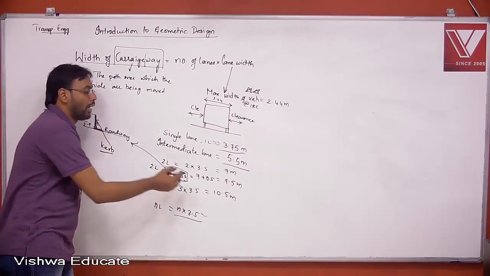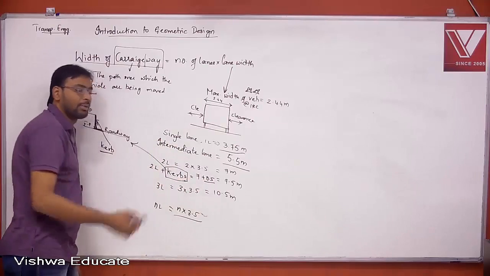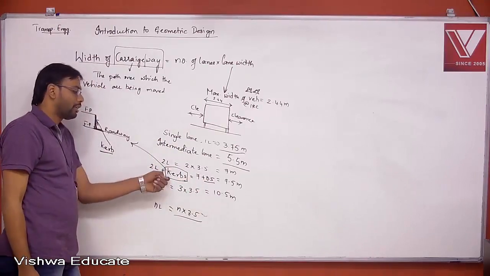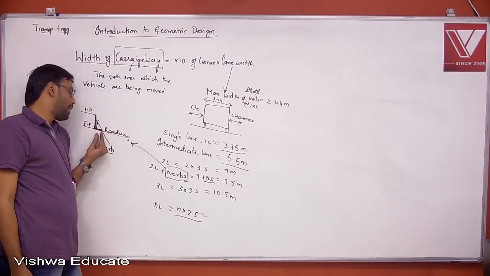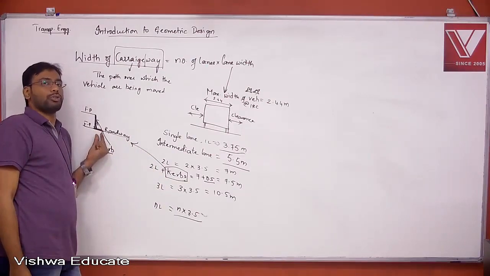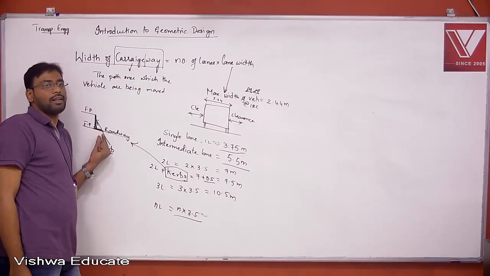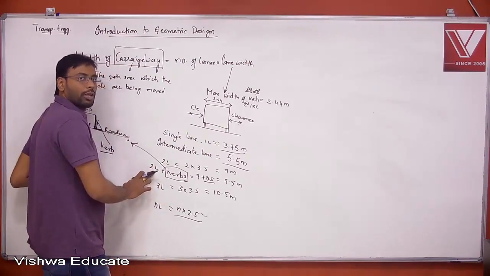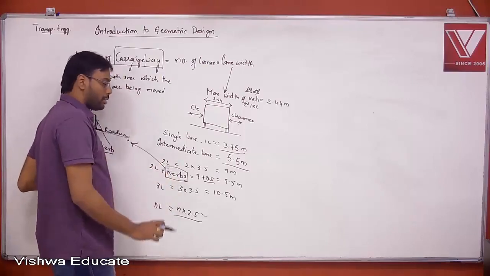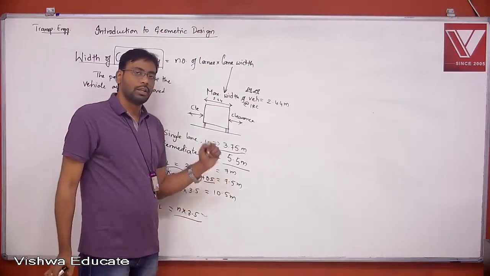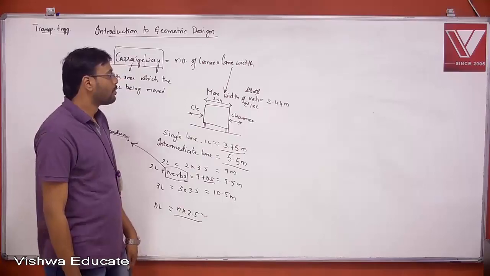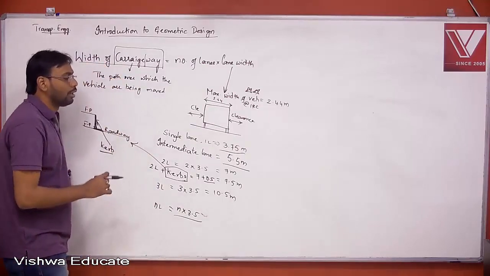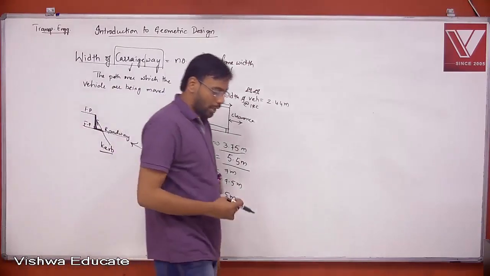That is why an extra clearance of 0.5 meters is provided if there is a curb, because some space will not be used by the vehicles, as a safety clearance. So if they ask you the width of a 2-lane road including curbs, it is 7 plus 0.5, that is 7.5 meters. That is how we find the width of carriageway.